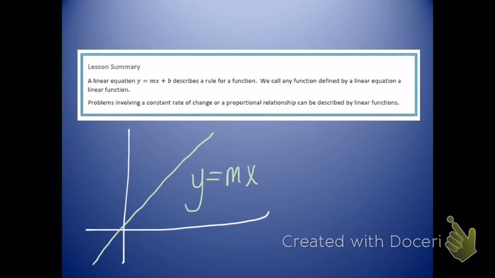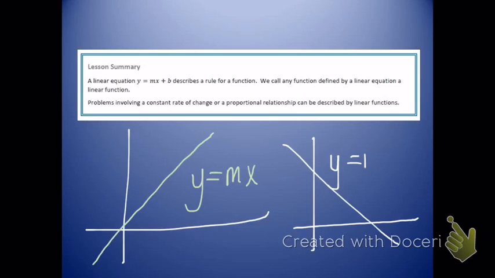And those are lines, but linear equations don't necessarily have to go through the origin, and these would be y equals mx plus b, plus the y-intercept. So there's a difference between a proportional relationship going through the origin and just a linear relationship in general.